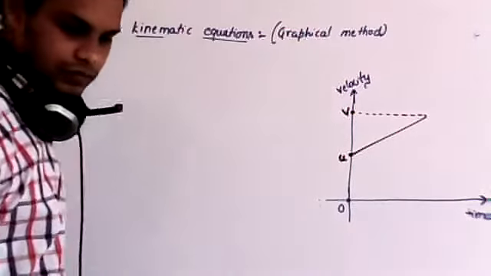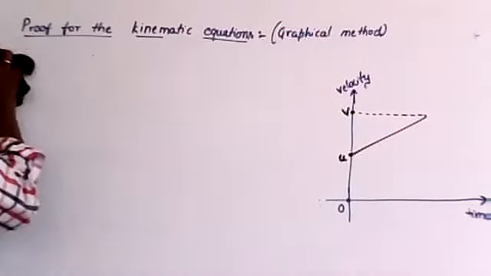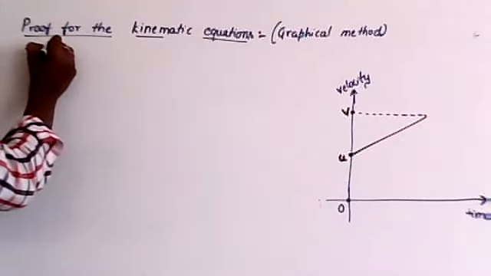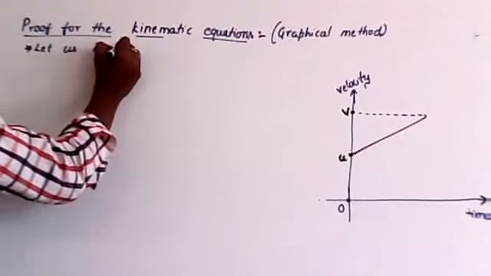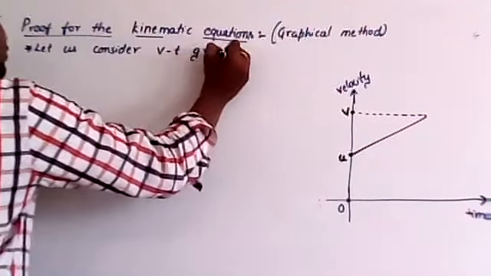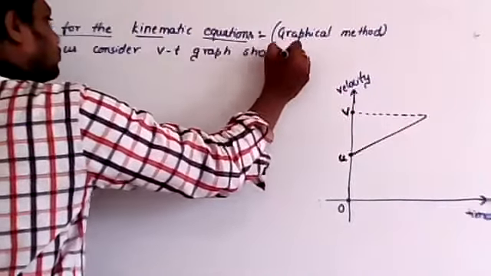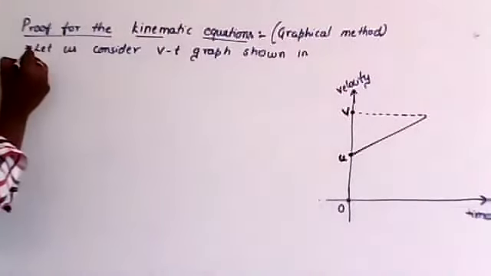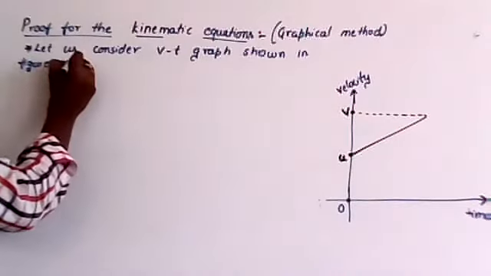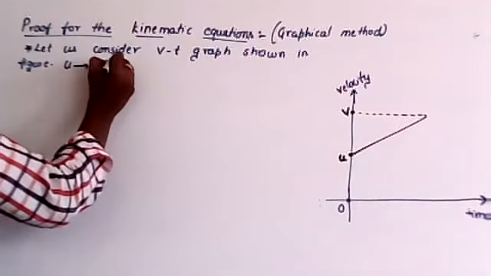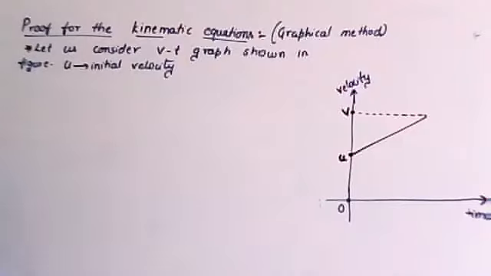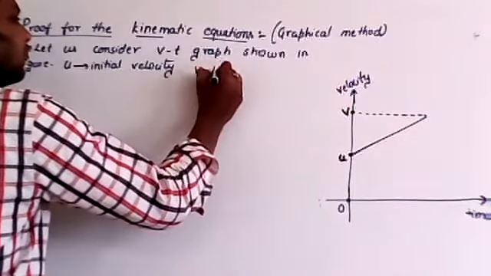Now let us consider the velocity time graph shown in the figure. Here U is the initial velocity, and V is the final velocity.